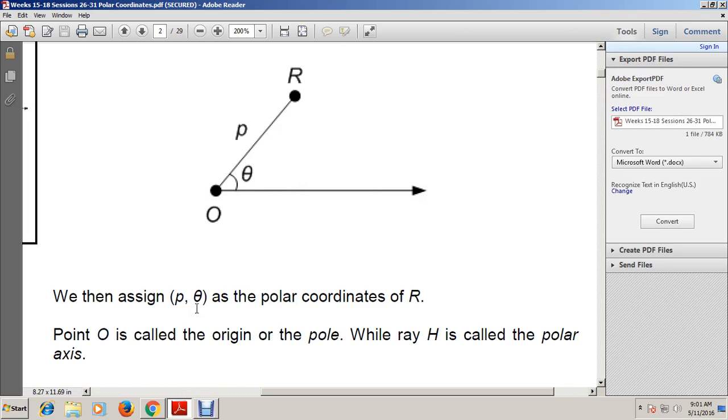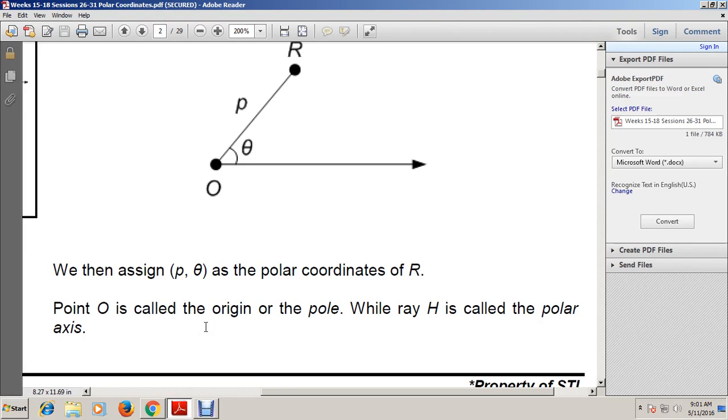So the assignment of the polar coordinates is represented as this pair (P, theta). Okay, so point O is called the origin or the pole, while ray H is called the polar axis. Okay, so in our Cartesian coordinate, the positive x-axis is considered as the polar axis, and the origin is considered as the pole.